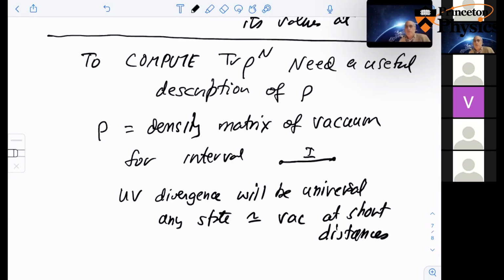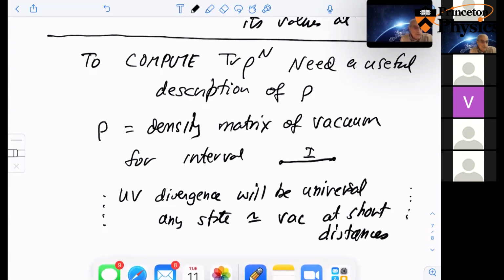In any other state, some modes are excited relative to the vacuum, but most are not. And the ultraviolet divergence comes from modes of arbitrarily high energy, which are almost all unexcited. So while we compute for the vacuum, we'll get a universal result. Because we get an ultraviolet divergence, it will automatically be universal and valid for all states.